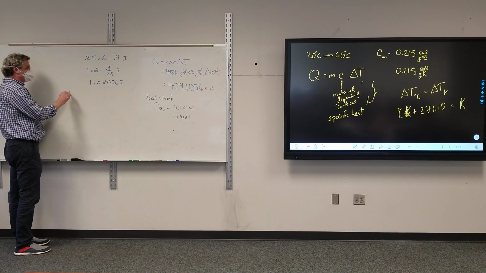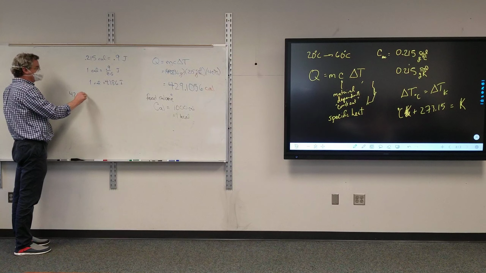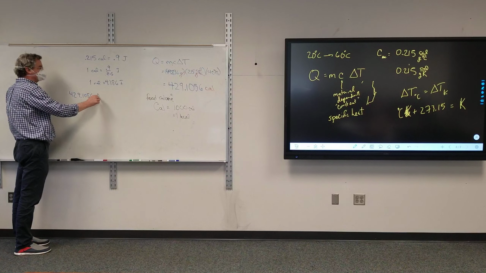For the math purists, 429.1056 calories times 4.186 joules per calorie gives 1,795.378 joules, rounded.